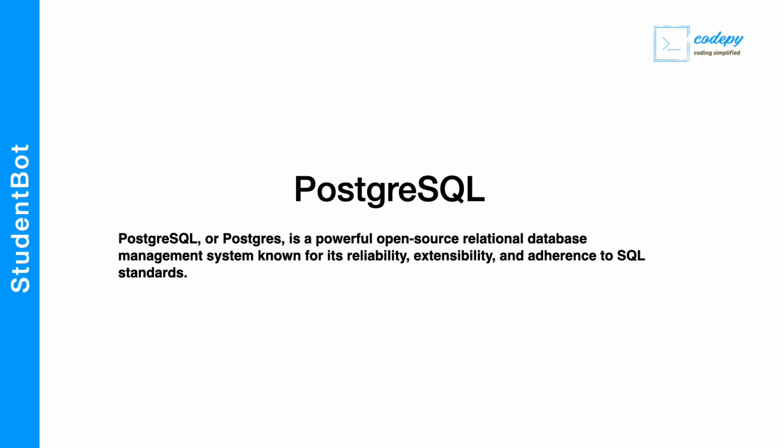What is PostgreSQL? So-called Postgres. PostgreSQL or Postgres is a powerful open source relational database management system known for its reliability, extensibility and adherence to SQL standards. We are going to use Postgres to store the chunks after we retrieve the text from the PDFs.